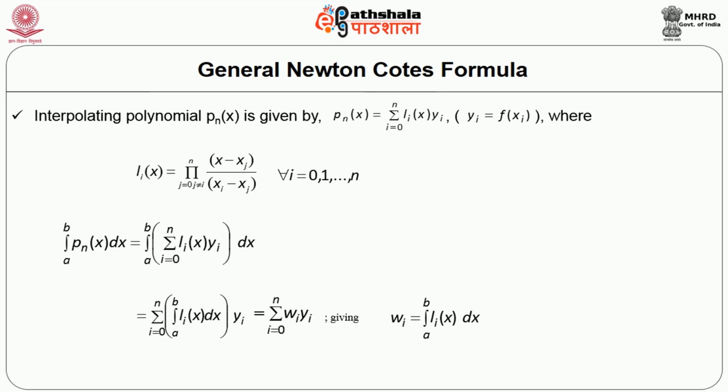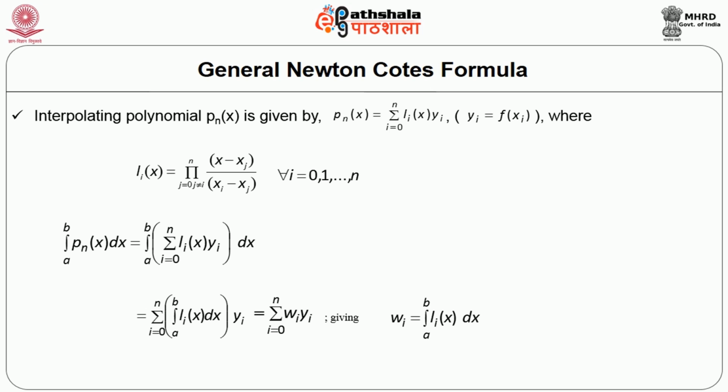So for example, L0(x) will have numerator x minus x1, x minus x2, up to x minus xn, and for the denominator you substitute x equal to x0, so we get x0 minus x1, x0 minus x2, x0 minus x3, up to x0 minus xn. So in compact notation, Li(x) can be simply written as the product of x minus xj, j running from 0 to n, divided by the product of xi minus xj, again j running from 0 to n, where j is different from i. And we need to integrate this polynomial.